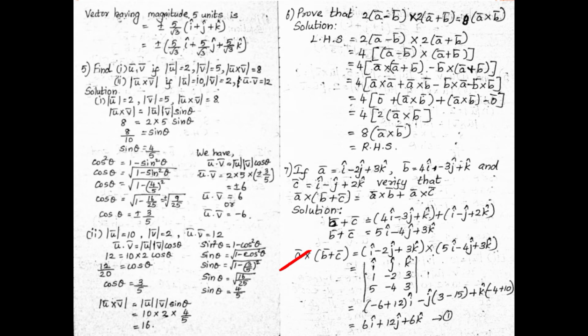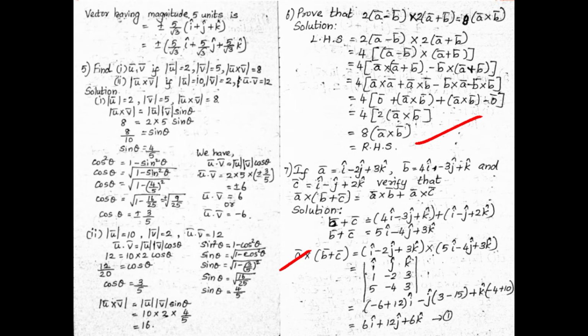So a vector cross a vector is 0 and b vector cross b vector is equal to 0. So which is equal to 4 of 0 vector plus a vector cross b vector plus a vector cross b vector minus 0 vector, which is equal to 4 into 2 of a vector cross b vector, which is equal to 8 of a vector cross b vector, which is our right hand side.